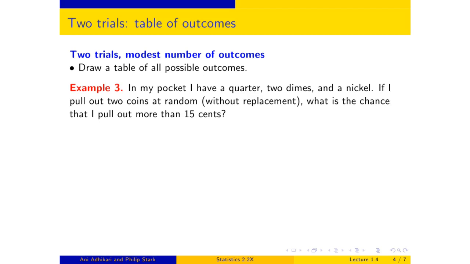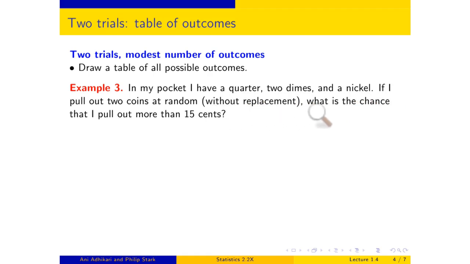Let's just do it in an example and it will become clear. So in my pocket I have a quarter. All you non-Americans out there, these are coins. A quarter is 25 cents, a dime is 10 cents, a nickel is 5 cents. So I have a 25, 2 10s, and a 5.